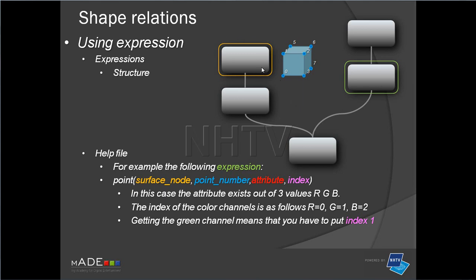In that surface node, we have this object and we try to get the point. Then from this point, we're trying to get the right attribute out of the whole list it can contain. And then from that attribute, we're going to specify which part of the attribute exactly that we're going to have. So this is this whole path narrowing down so that we get exactly the thing what we need. And this is how expressions are working.